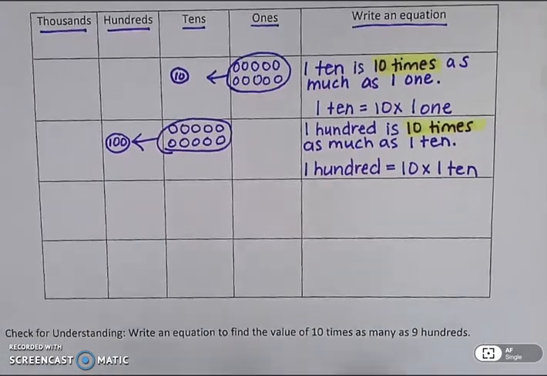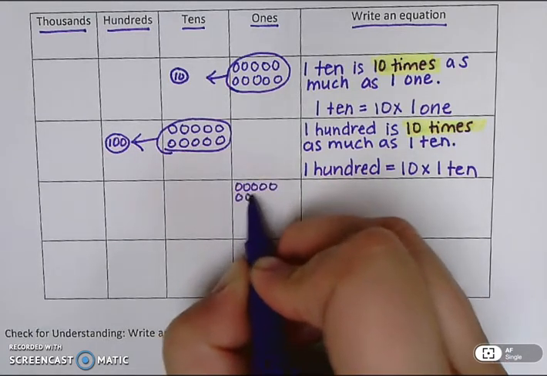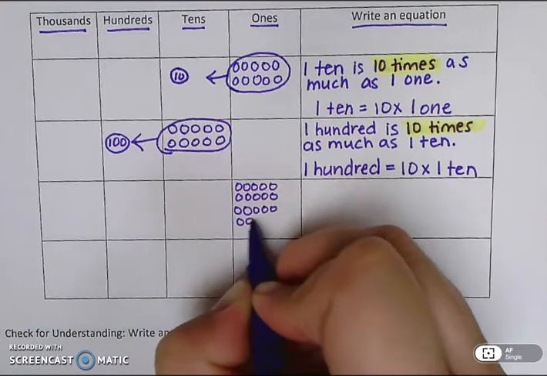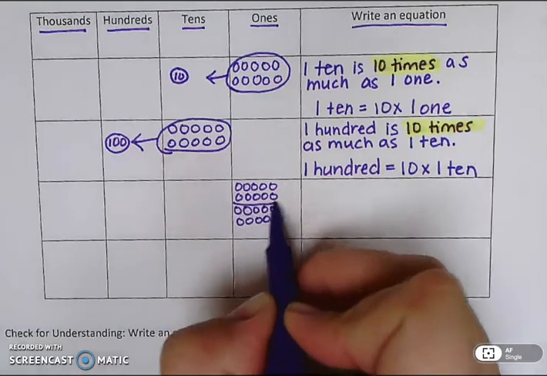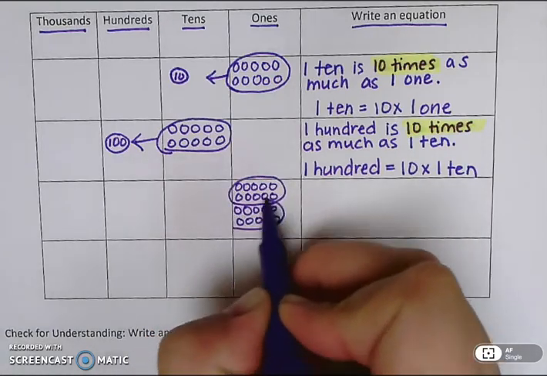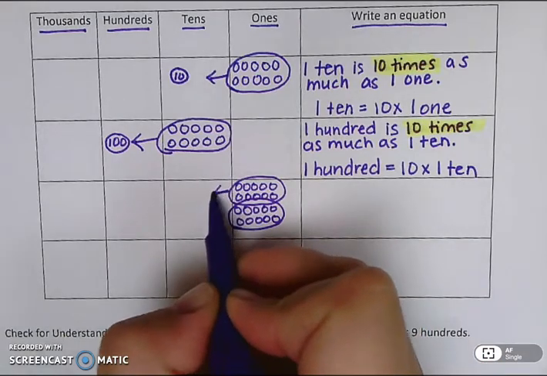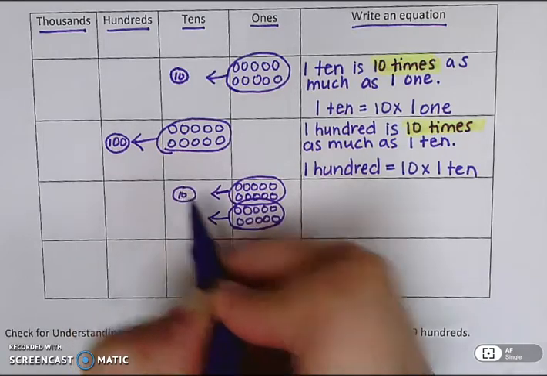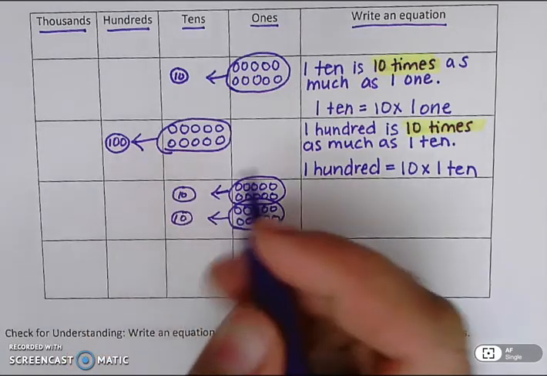Let's look at a third one here. Let's say I have 20 ones. There's 10. Alright, so I've got 20 ones there. So let's group these into groups of 10. So two groups of 10 really. One of these groups of 10 would equal 1 ten, and then the second group would equal 1 ten. So we've got 2 tens.